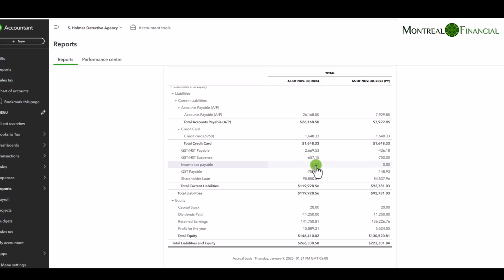So again, you want to make sure that it is accurate. If you have a balance in this account, either make sure that the balance is still outstanding, it hasn't been paid, or that you have allocated, if you have in fact made a payment, that you have allocated the payment to the correct account. QST payable is exactly the same as GST payable.